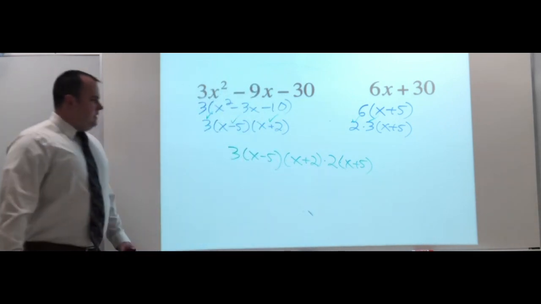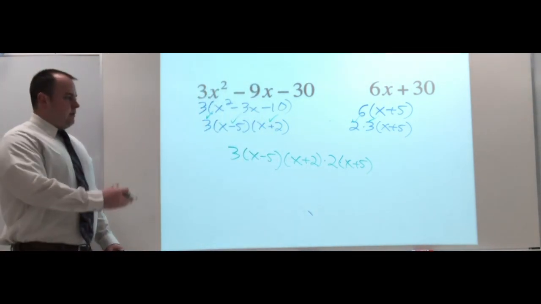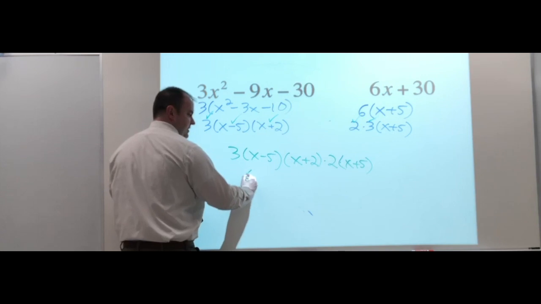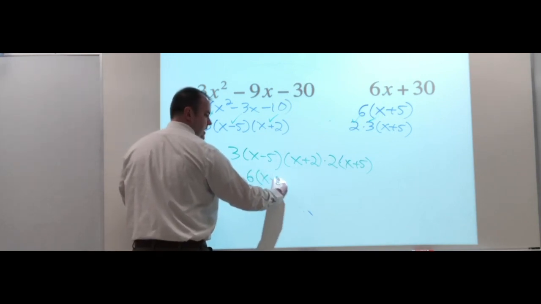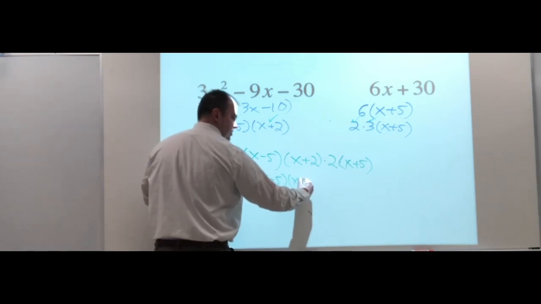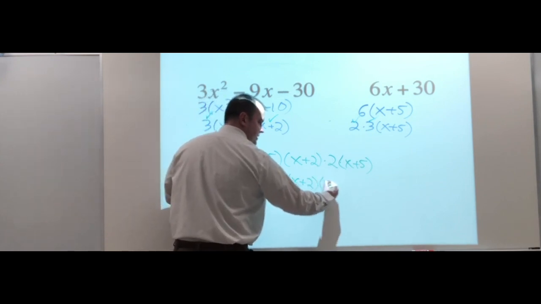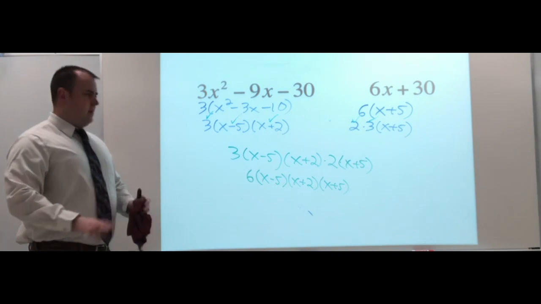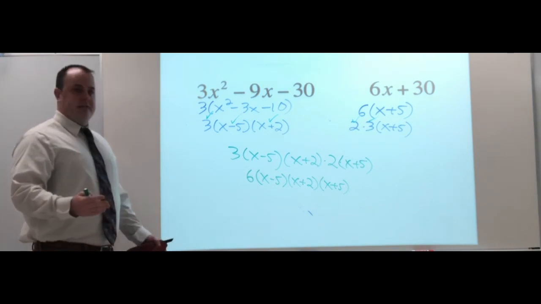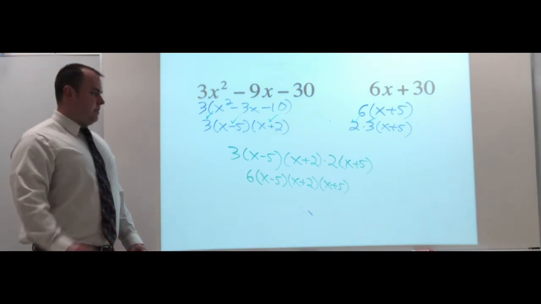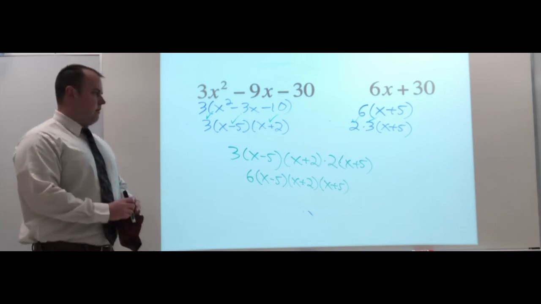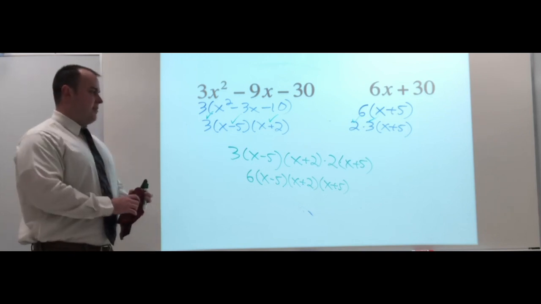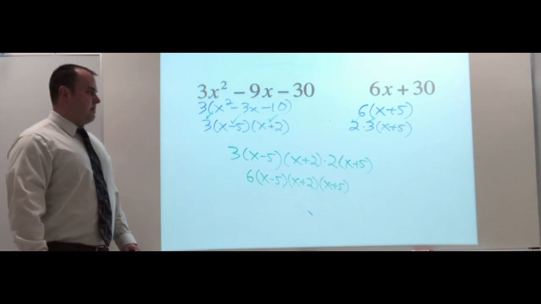Okay. So now again, clean it up a little bit. We have 2 and 3, so we multiply those together to get 6. x minus 5, x plus 2, x plus 5. Again, it's x minus 5, x plus 5. You don't need to rewrite those because they're not the same. That's one mistake. People see the 5s and want to rewrite them as x plus 5 squared. They're not the same, so take your time and think about that.